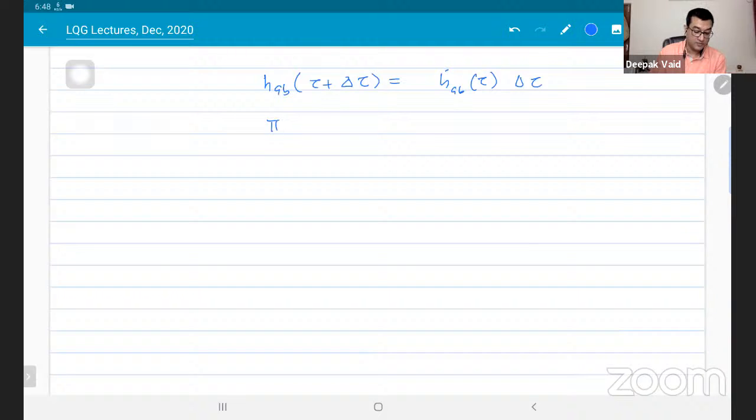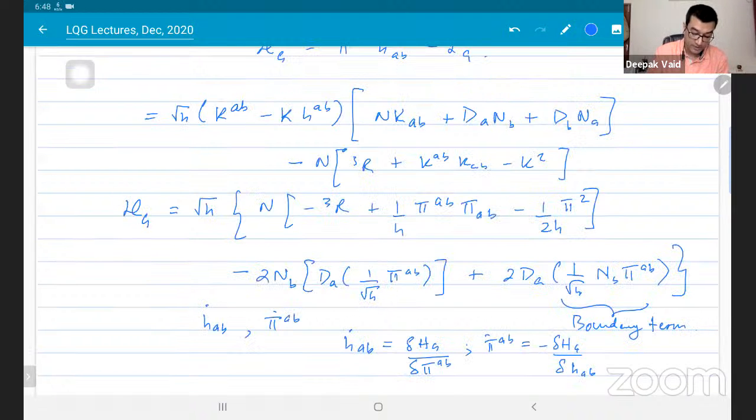Just the most naive. Of course, in numerical relativity, you have to be much more careful because there are all sorts of issues related to diffeomorphism and numerical stability and so on and so forth.